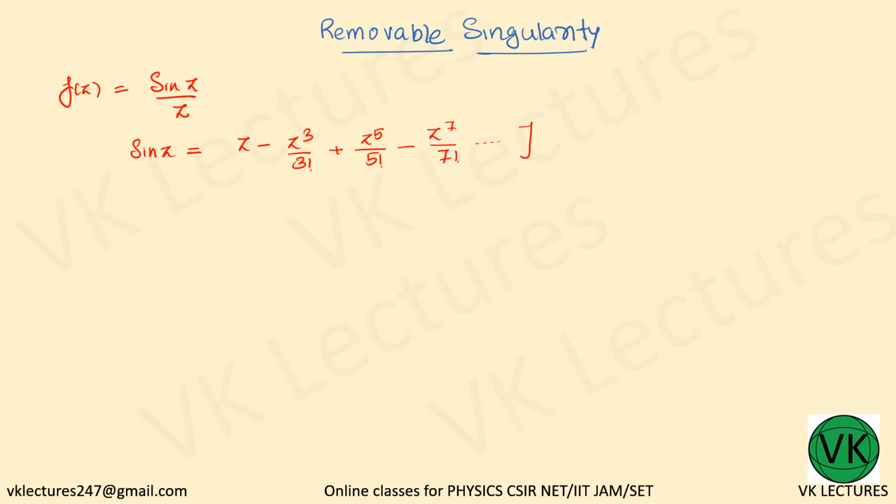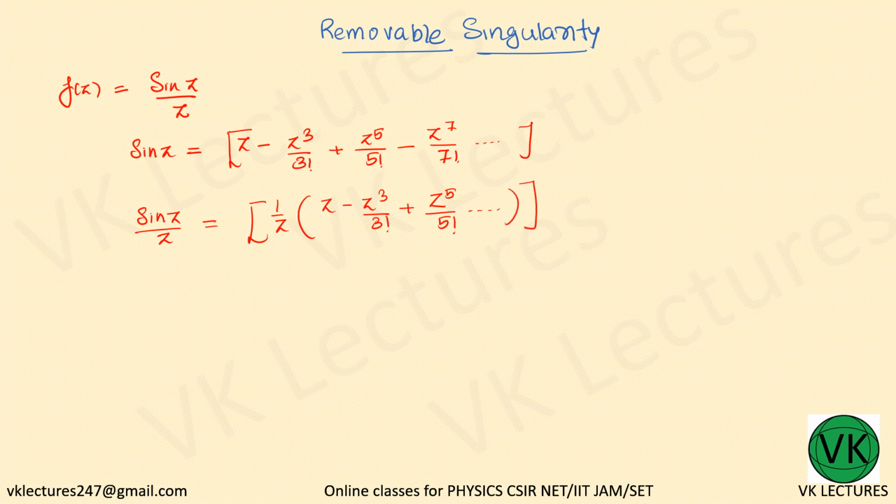So this is an expansion of sine z. Now what is sine z divided by z? That gives us 1 by z into z minus z cube by 3 factorial plus z to the power 5 by 5 factorial, etc.